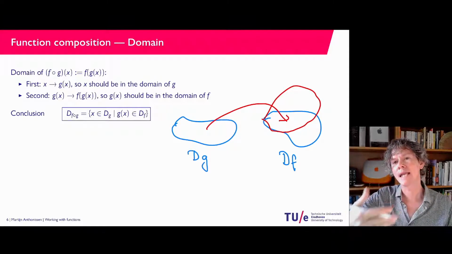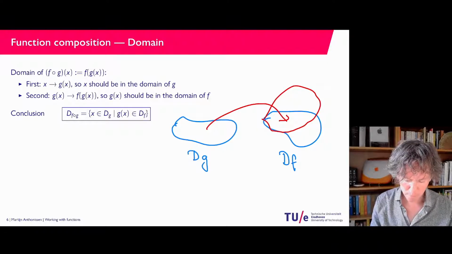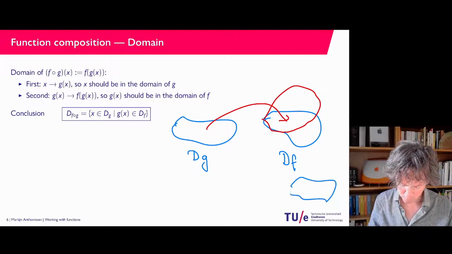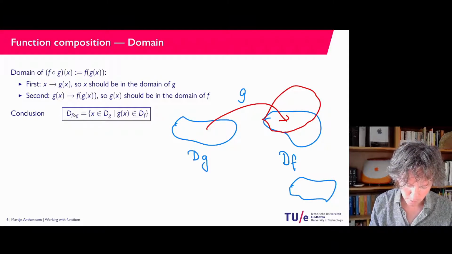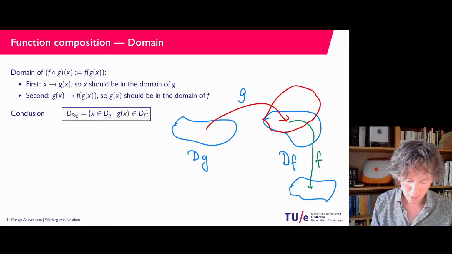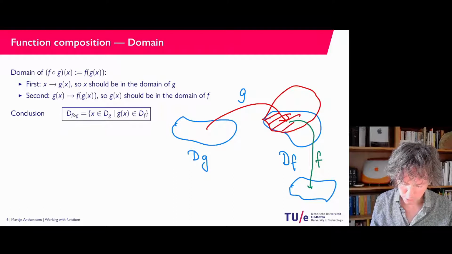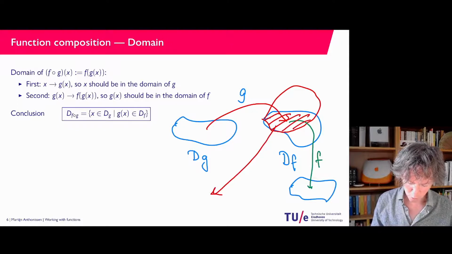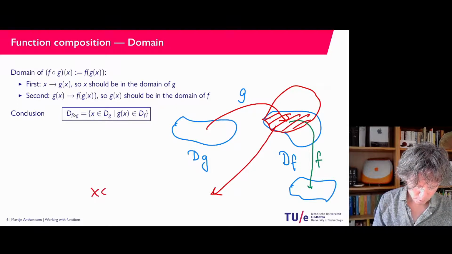Then if I want to make a next step from D_f, so this is g, and then I want to make another step from here using f, I can only do that for these numbers. So these numbers are those numbers x for which g(x) is a part of D_f.